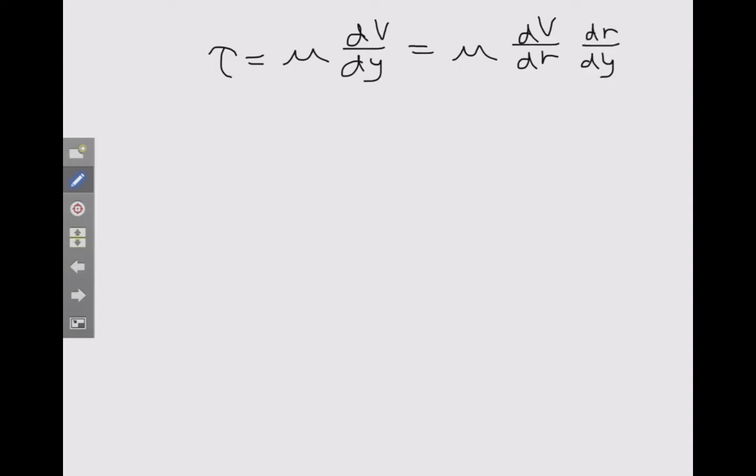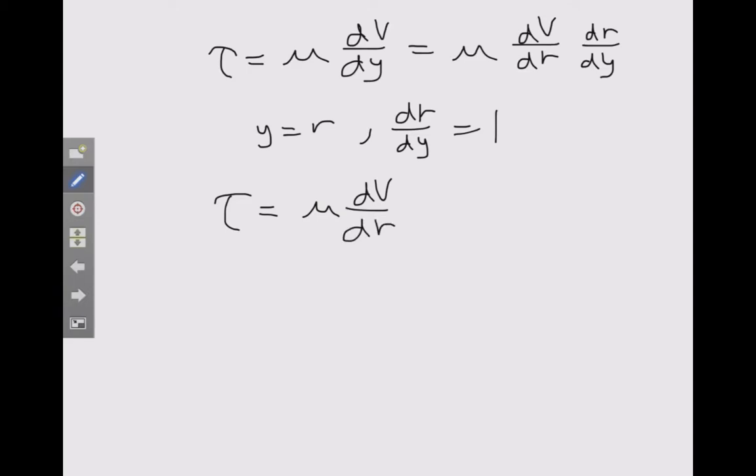They used a different transformation of variables. I'm just going to transform y into r so that dr/dy equals 1. This gives us tau equals mu dv/dr, with a positive sign.